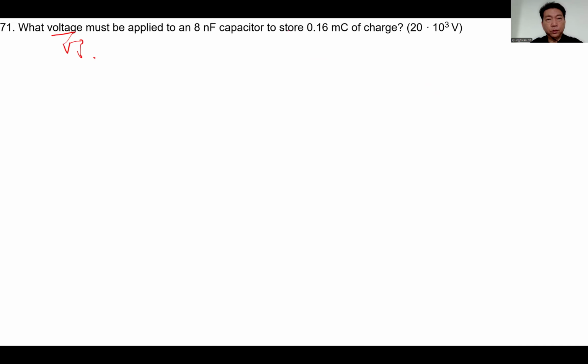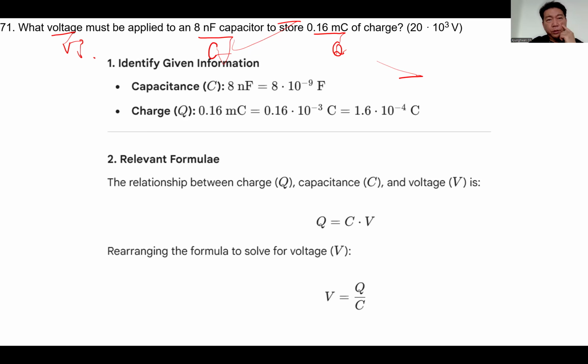The capacitance C is given, and the charge is given.